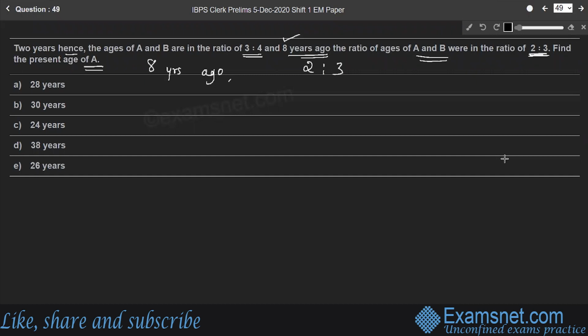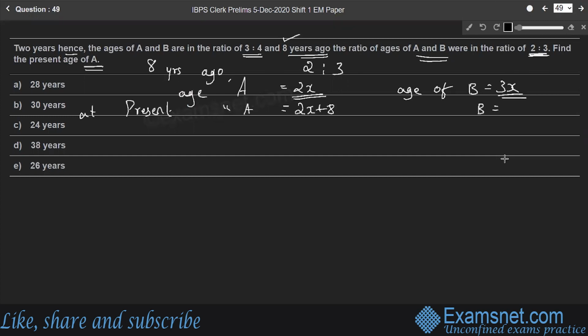So let us consider 8 years ago, the age of A is 2x, age of B be 3x, right? So 8 years ago, age of A was 2x, age of B was 3x. So present age of A becomes 2x plus 8 and that of B becomes 3x plus 8, right?